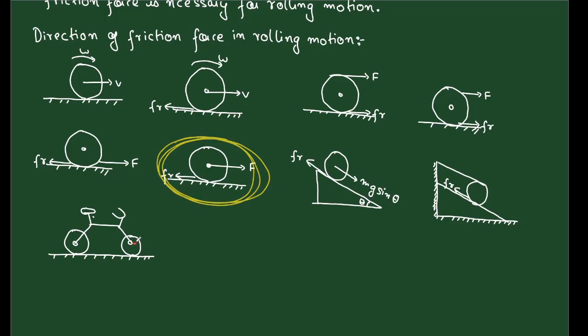So without friction force, this wheel would try to move linearly without any rotation, and this surface would try to go in forward direction, so the friction force would be in backward direction. So for a cycle, the back wheel experiences friction force in forward direction and the front wheel experiences friction force in backward direction.